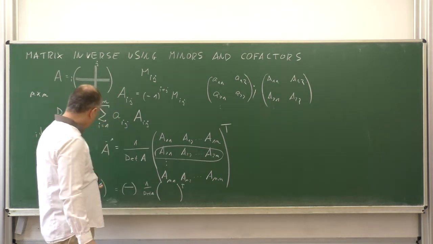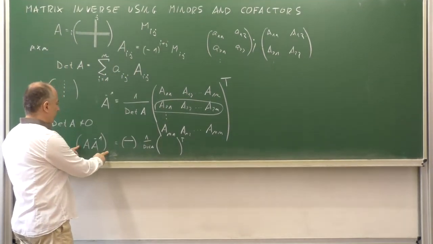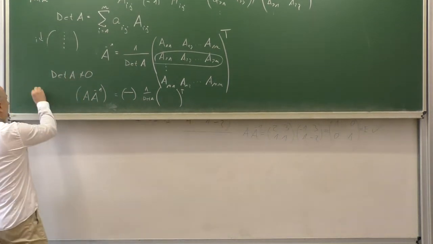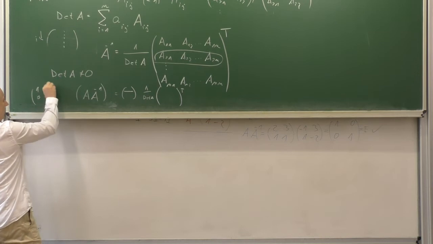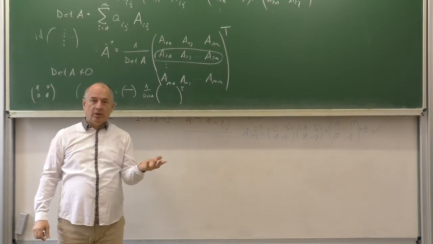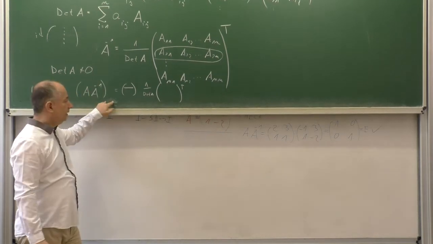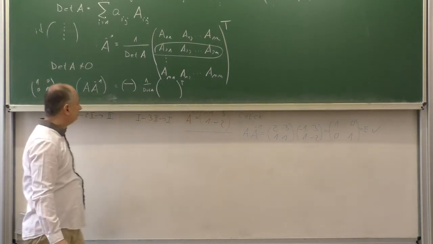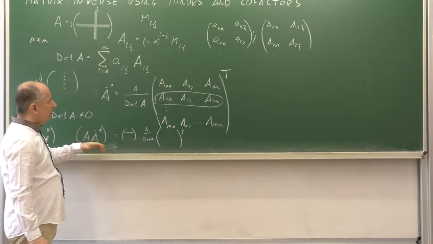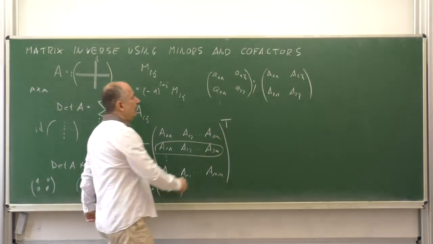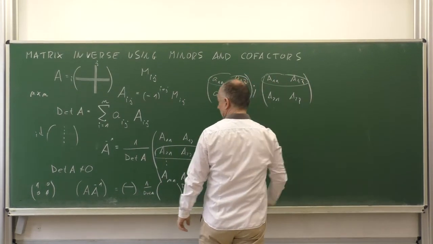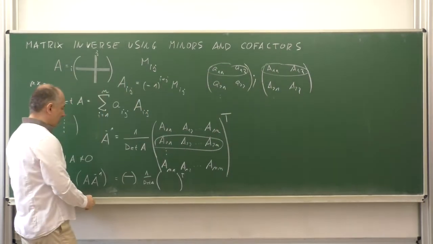We want to consider one entry of this product, which should be the identity matrix. That means if these two indices are the same, we expect to get 1, and if they differ, we expect to get 0. So let's start with the first row and the first column, with the position 1, 1.